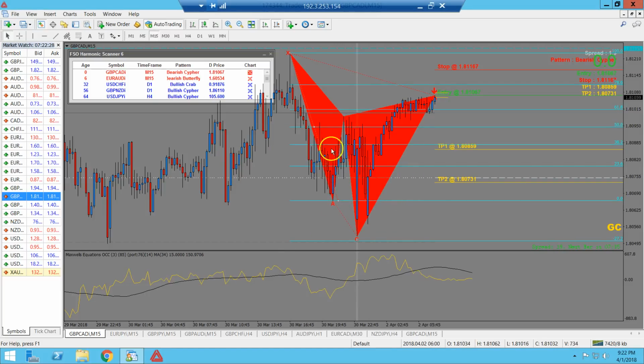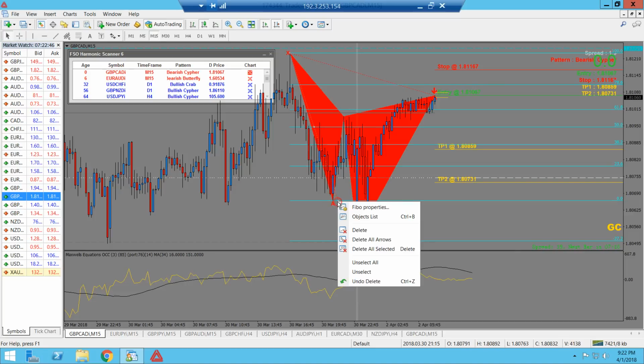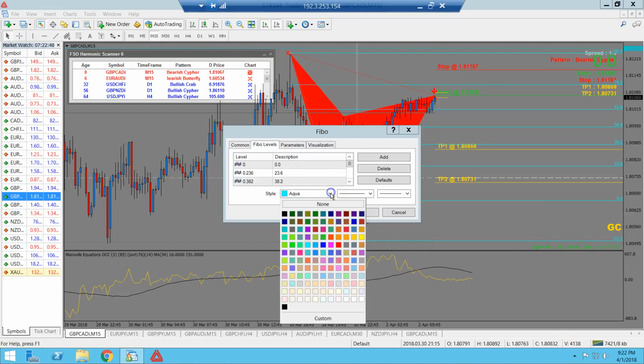All right, so you want to grab your Fibonacci tool right here, and since this is a bearish cipher, we're going to go from swing high to swing low. I'm having a hard time seeing those, so how about we make it white?